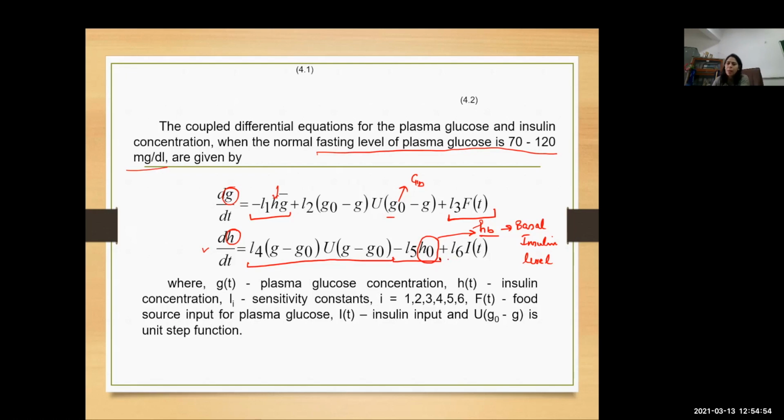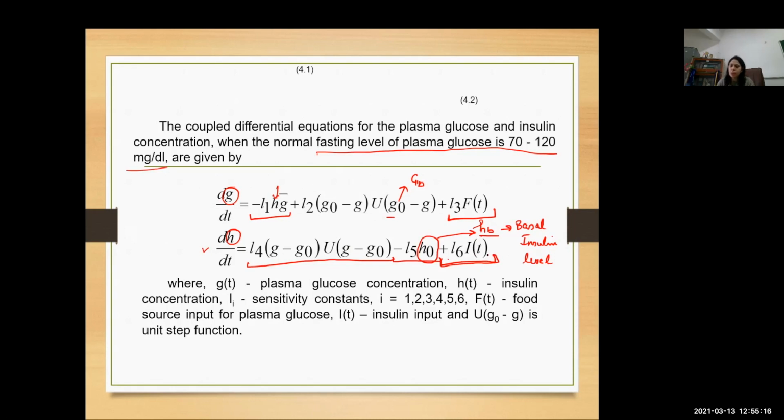Then for diabetes, we need to inject insulin from outside, in the form of oral pills, insulin injections, or insulin pumps. So this factor takes care of the insulin which is given from outside sources.